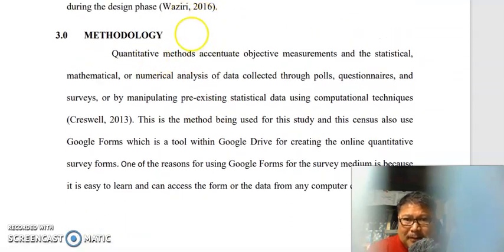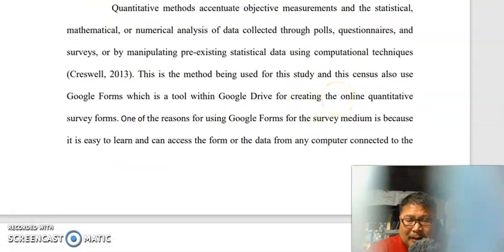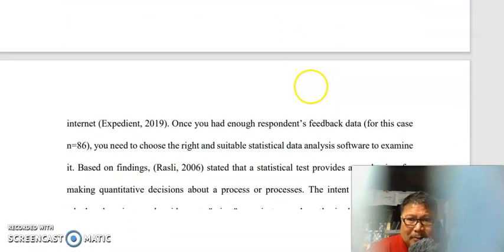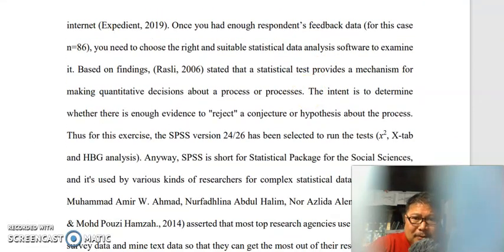And again, as I mentioned before, we quoted Creswell, the expert and guru in quantitative methods, and we used Google Forms and then sent out the questionnaire.